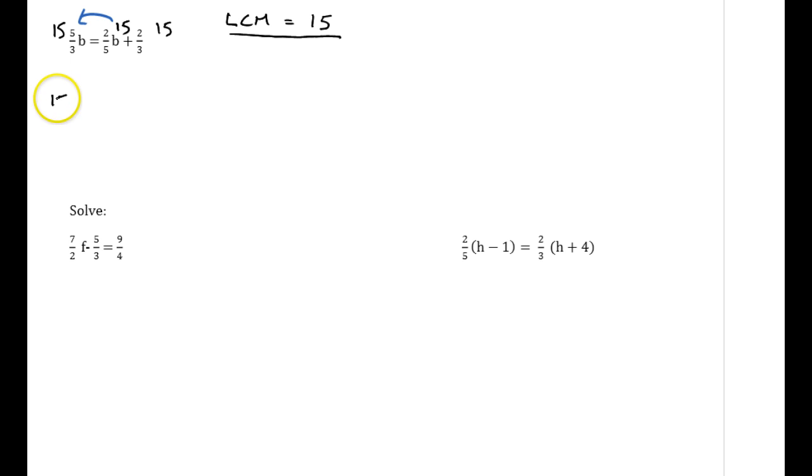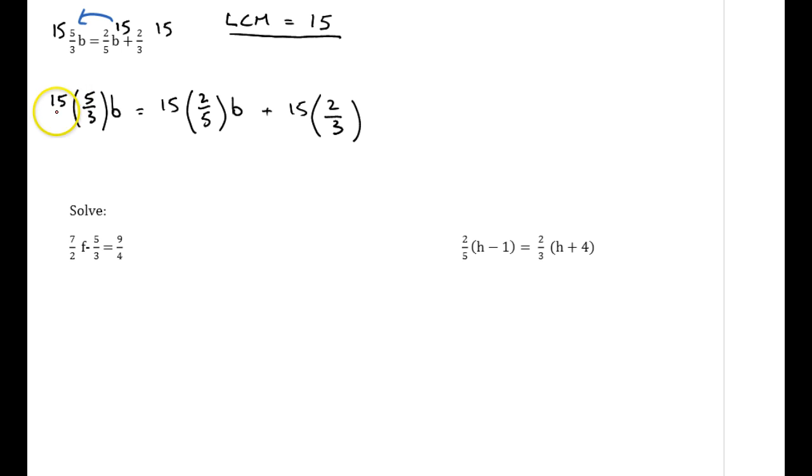I'm going to get 15 times 5 over 3b. On this side, I'm going to get 15 times 2 over 5b, and then finally 15 times 2 over 3. And look what happens now.